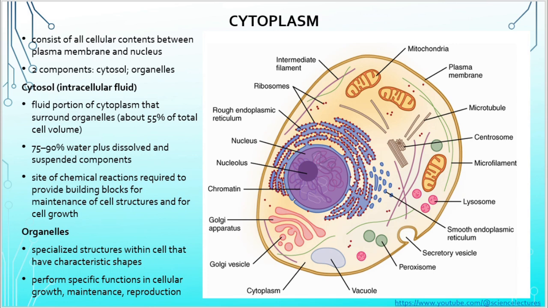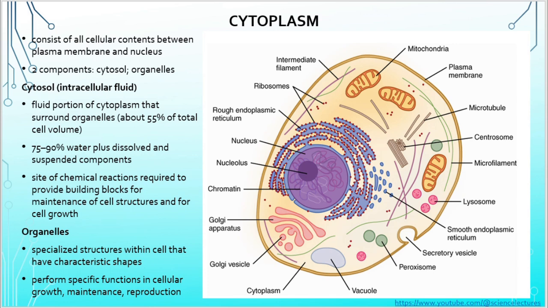The organelles are the tiny structures that perform different functions in the cell. The cytosol, also called intracellular fluid, is the fluid portion of the cytoplasm that surrounds the organelles. It constitutes about 55% of total cell volume.